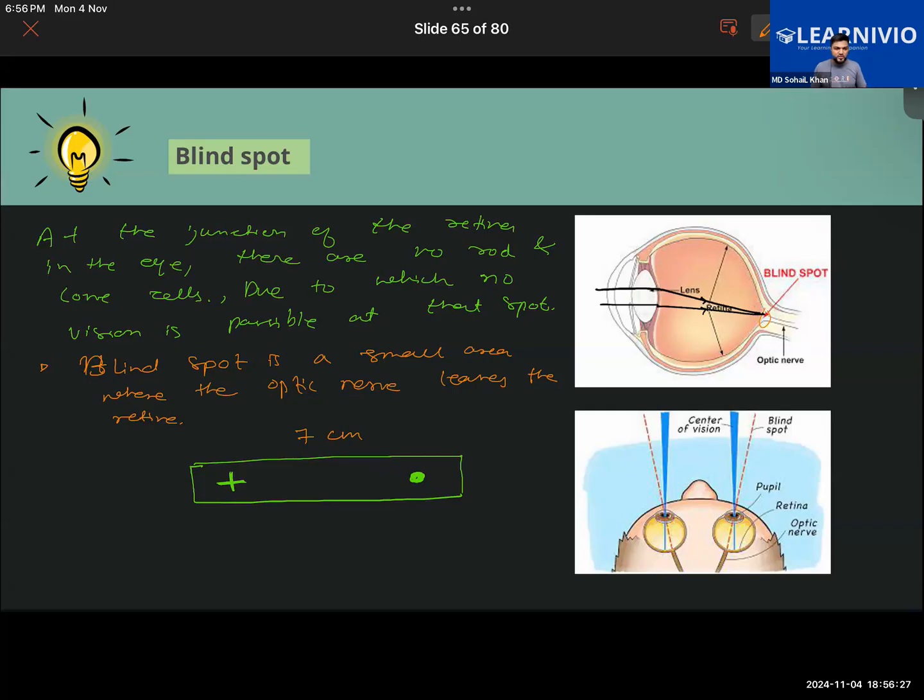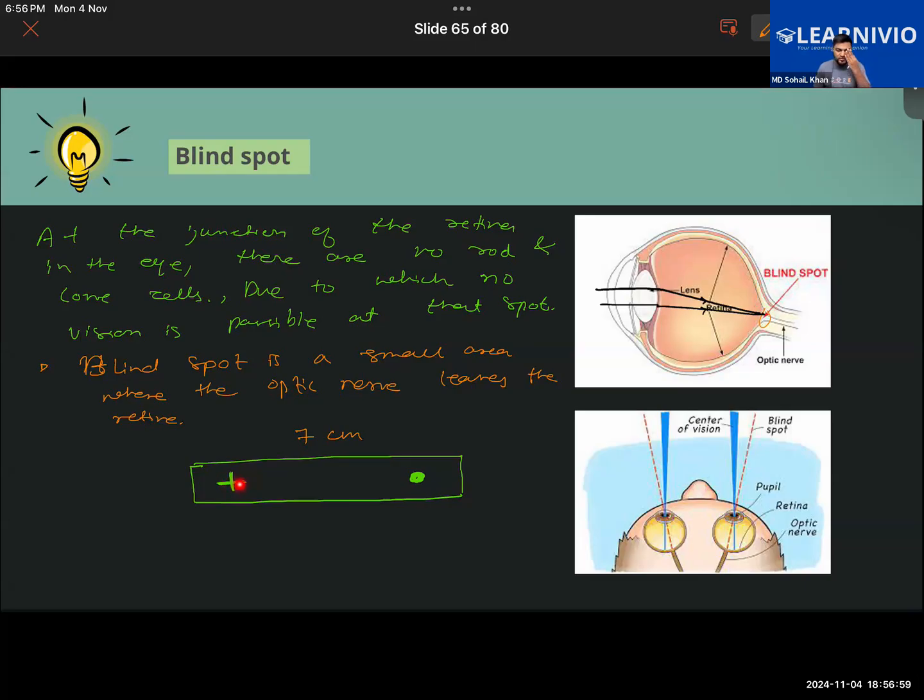Once you are done, hold that sheet of paper at about your arm's length like this. Everyone doing this? Good. Now close your left eye and look at the plus on the paper with your right eye.